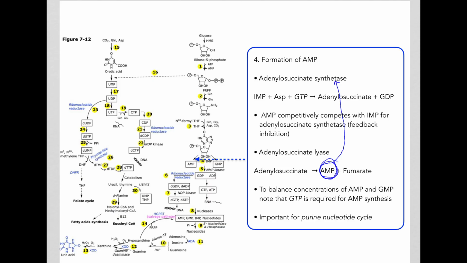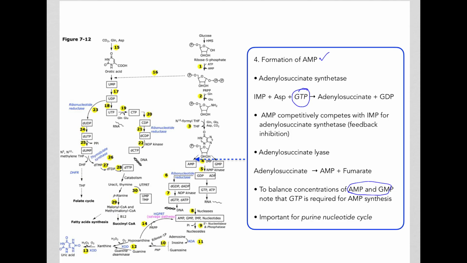So it's a very powerful way to regulate the amount of intermediates or products in the cell. So as mentioned before, in order to balance the amounts of AMP and GMP, here in the synthesis of AMP, we see GTP is used. GTP is used for the synthesis of AMP.